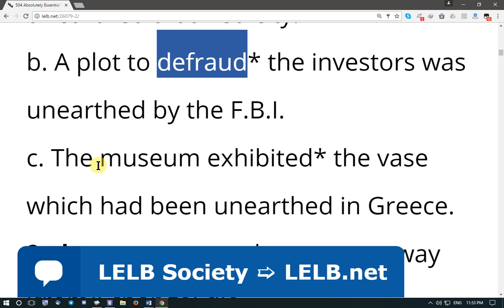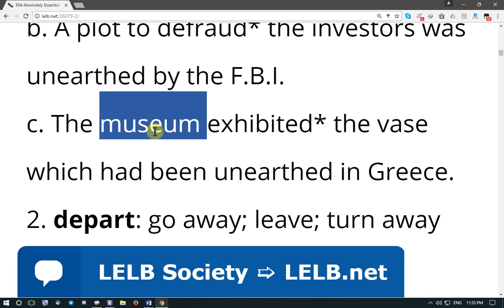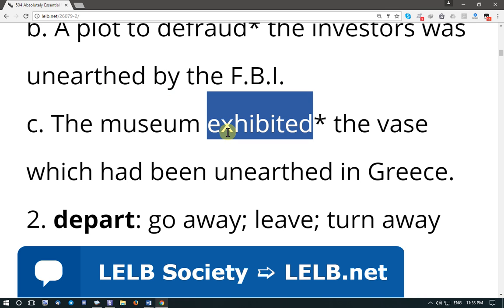Sentence C, the museum exhibited the vase which had been unearthed in Greece. Pay attention to the pronunciation of museum. A lot of students mispronounce this word. Exhibited means show in the simple past tense. Displayed. The vase.